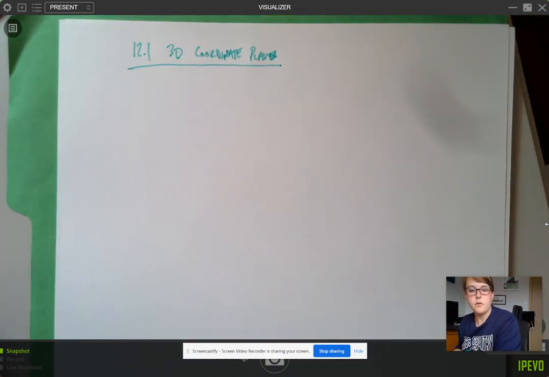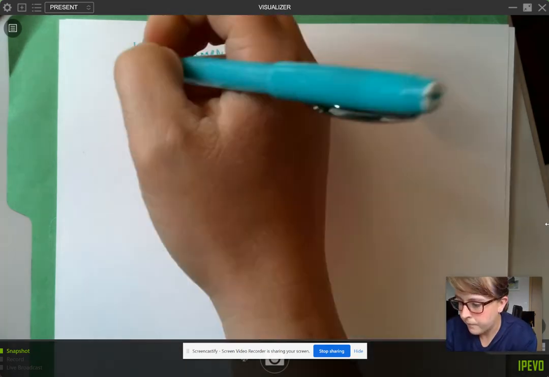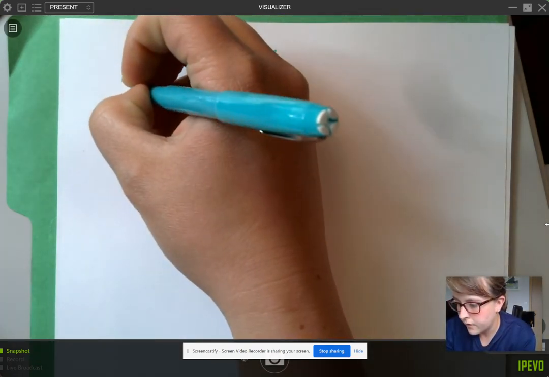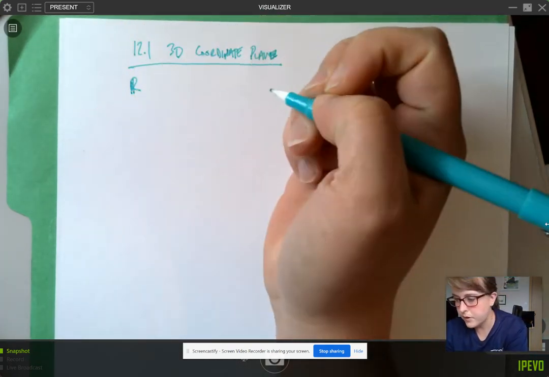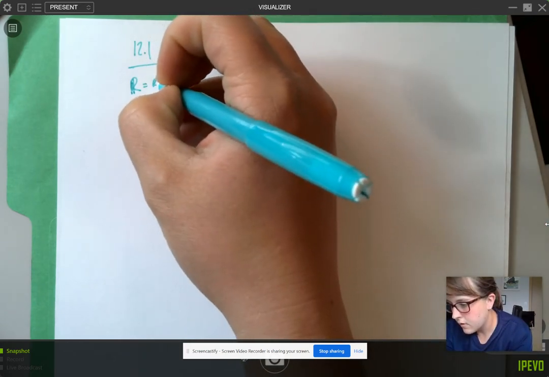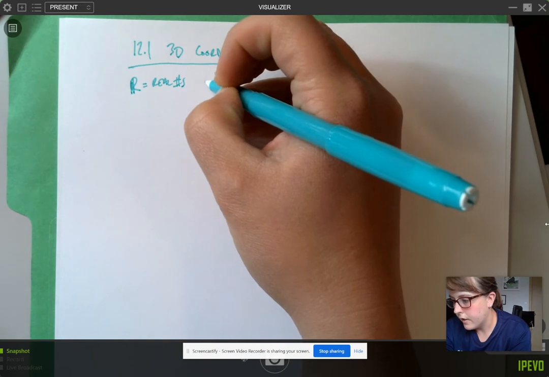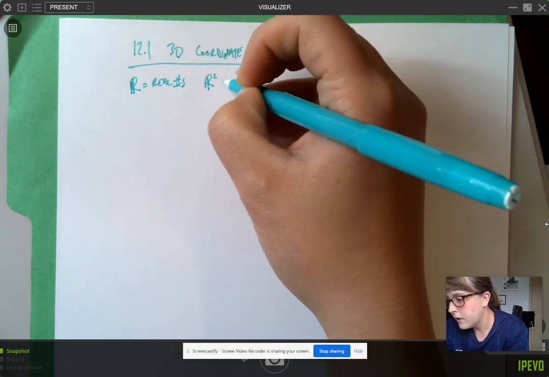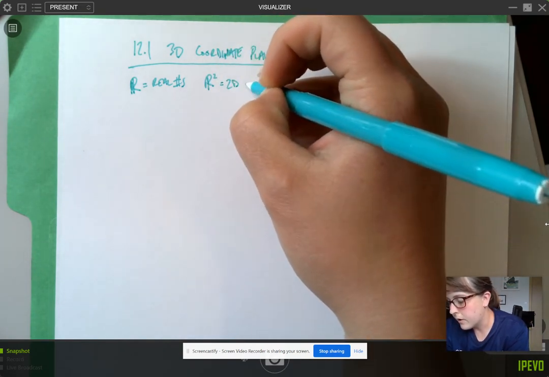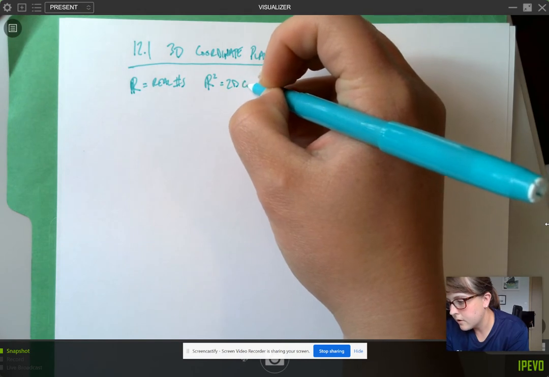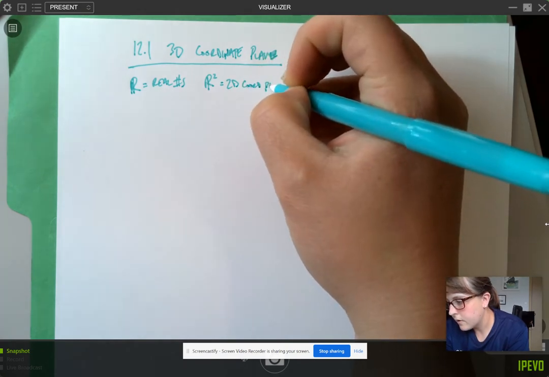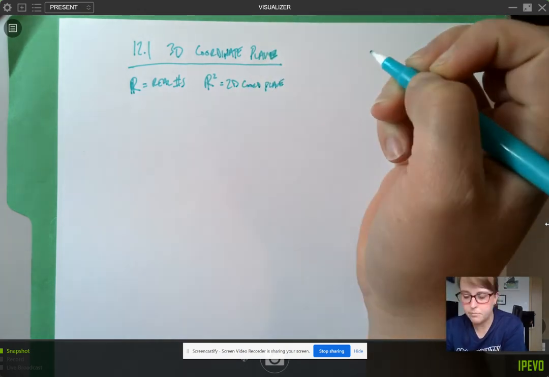Okay. So first off, just some notation. There's a couple different things we talk about with the three-dimensional coordinate plane. So we know that R, like that funky R with the line through it, is the set of real numbers. And then R2 is the two-dimensional coordinate plane, so the XY plane typically.